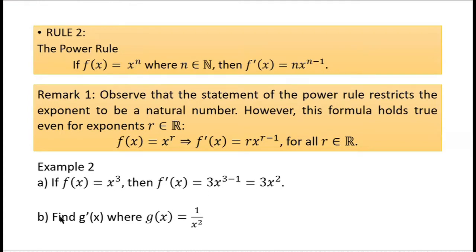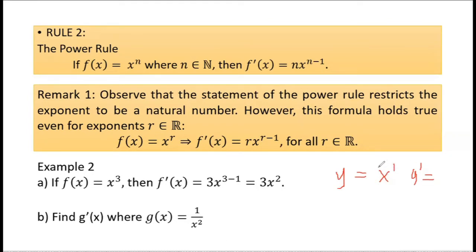Bago tayo pumunta dito sa letter B. Okay, let's say ang y natin ay equal sa x. So, ano ang kanyang derivative? Y is equal to x, then what is the derivative of y? So, ang derivative ng y, di ba meron siyang exponent na 1?